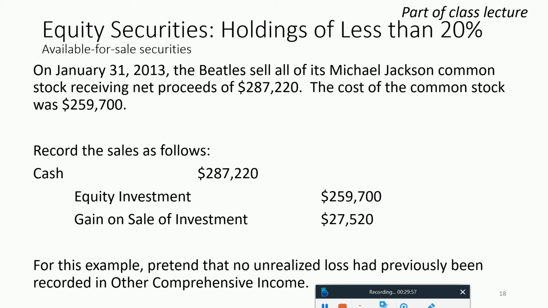We're going to credit our equity investment for $259,700, and then we have a gain on the sale of investment of $27,520. Again, for this example, let's pretend that there was no unrealized loss previously recorded in other comprehensive income. We will look at how to transfer between unrealized and realized in a few more slides.